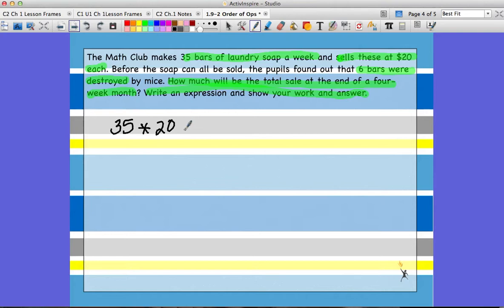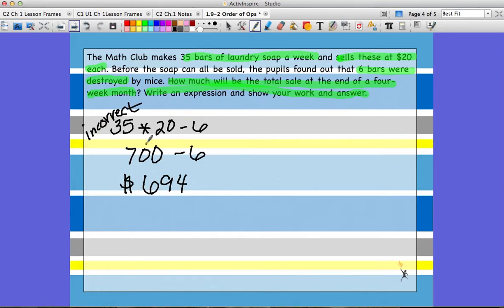And it's not $6 off of the price, it's 6 off of the bars. Okay, so if you did it this way, you would end up with $694. Okay, now this is incorrect.